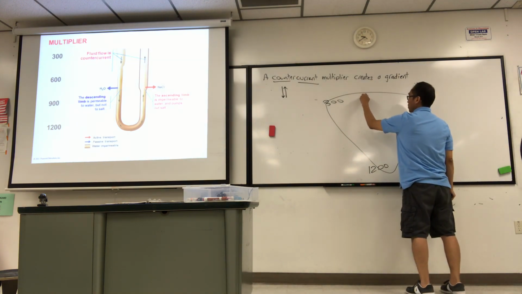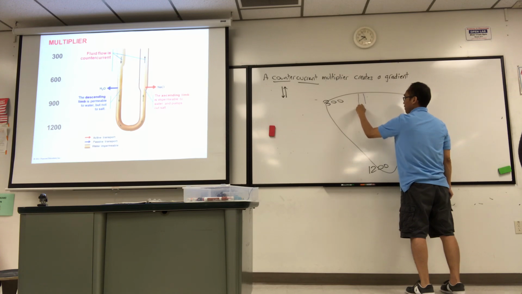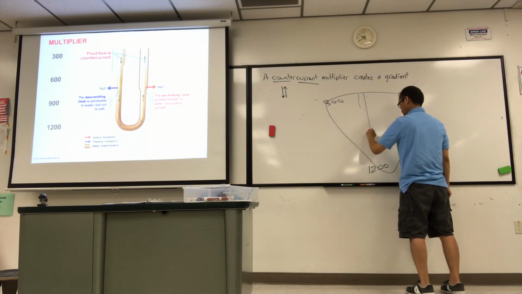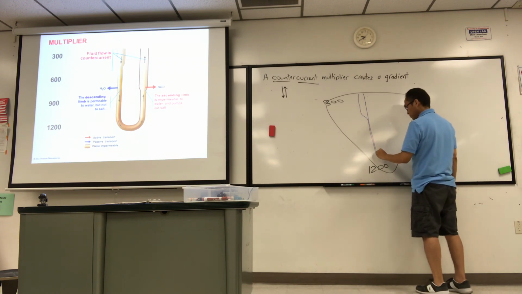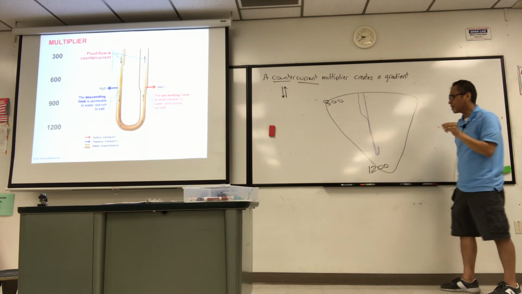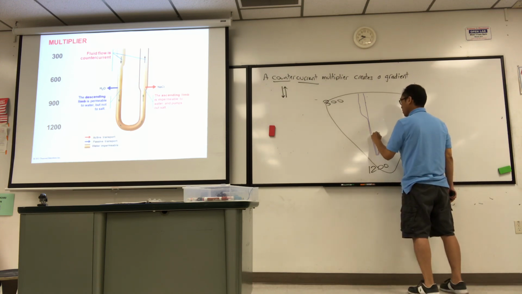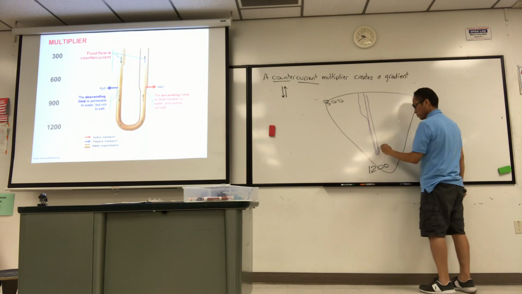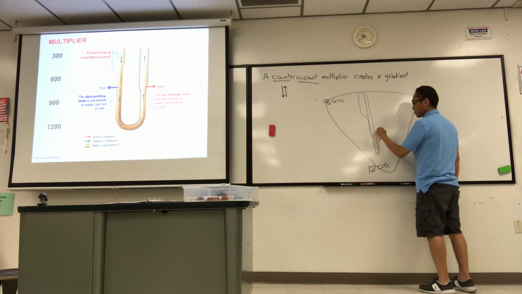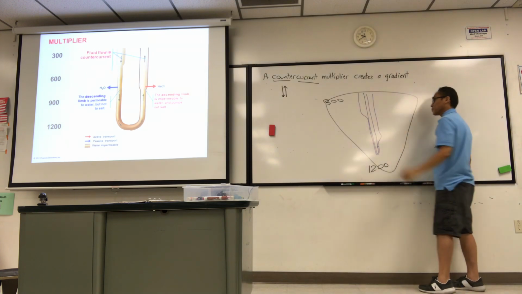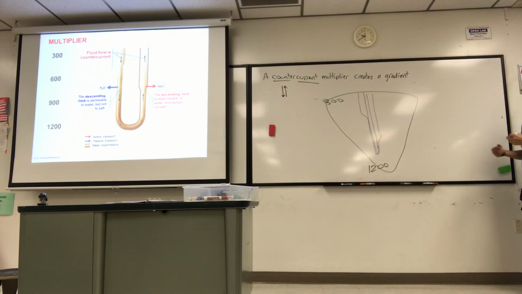You have this descending limb of the loop of Henle, thick at first, and then it gets thinner. It takes a sharp U-turn and goes back up. It's thin when it starts to ascend, but then it thickens. So pretend that's one loop of Henle with thick and thin segments, ascending and descending.